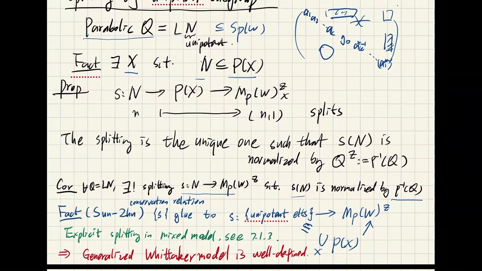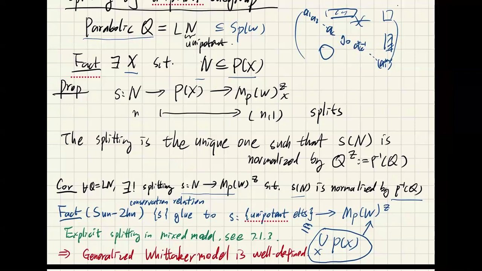If you consider the union of all Siegel parabolic subgroups, then the splittings for different choices of X glue together and give a well-defined map from the Siegel parabolics to the metaplectic group. This covers a very large portion of the symplectic group already.